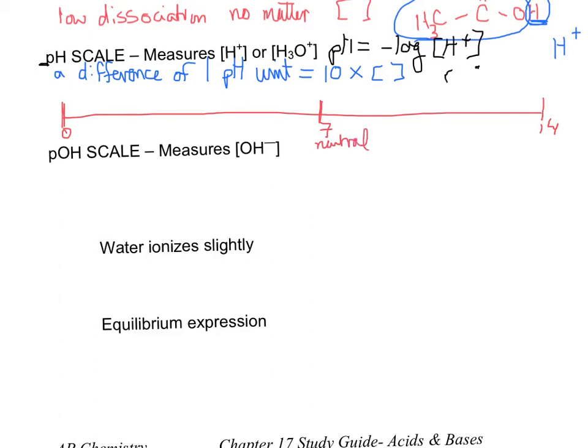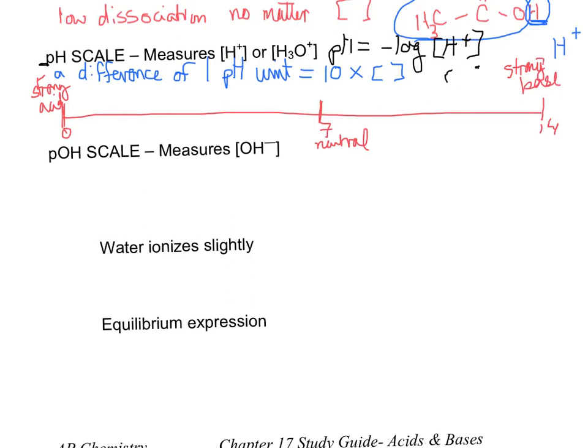So whether it's water or any other solution that has a pH of 7, that means it's neutral, which means your H plus concentration is equal to your OH minus concentration. If it has a pH of 0, that means it's very acidic, and it's probably a strong acid that can make it that extremely low pH. pH 14 would be extremely basic, so probably it has to be a strong base to get to that high of a pH.